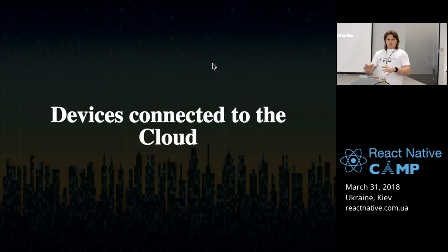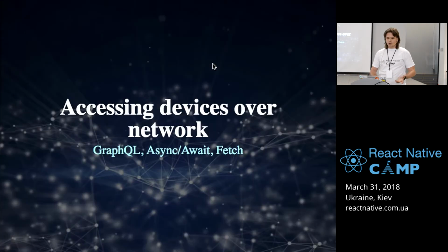So, in general, how do we deal with it as React Native developers? All devices are connected to the cloud, right? What does it mean? It means the regular use of regular things for networking. We have GraphQL, async await, we have fetch.